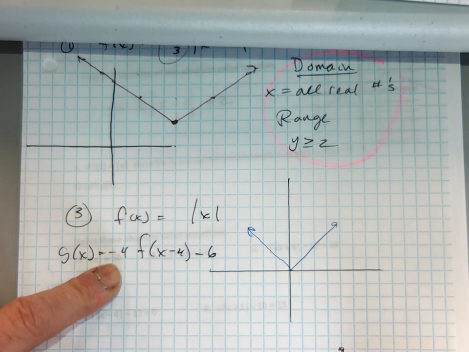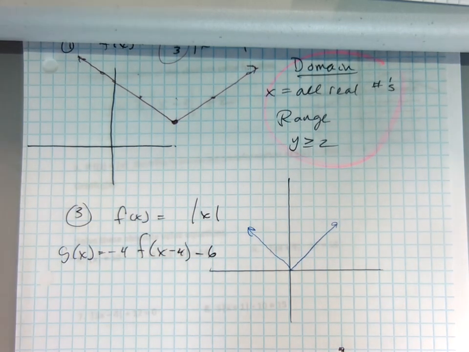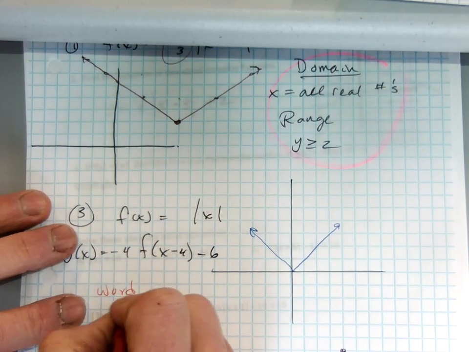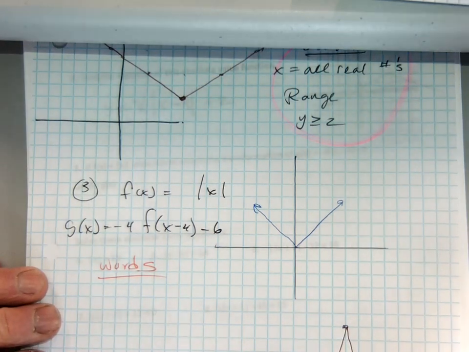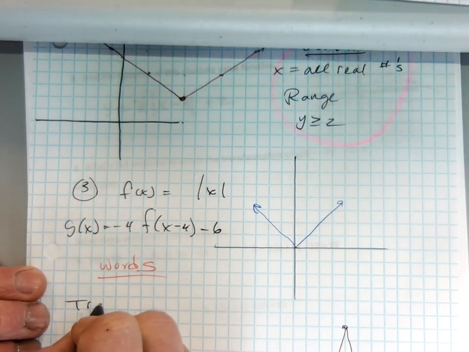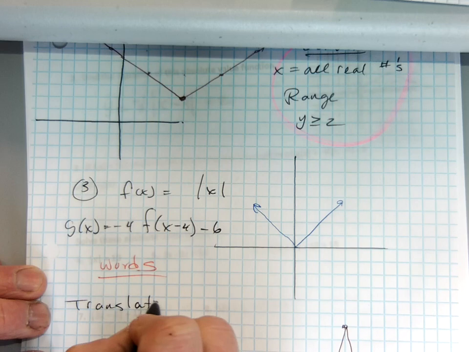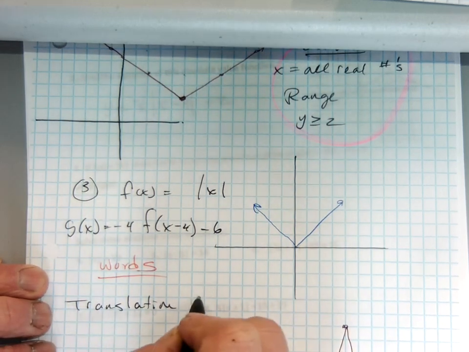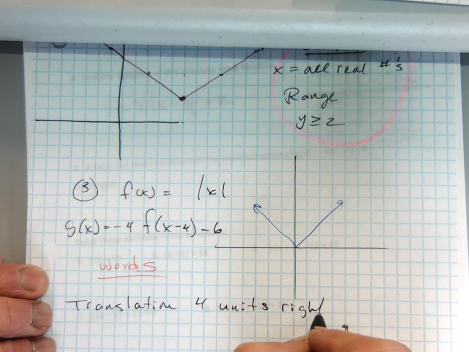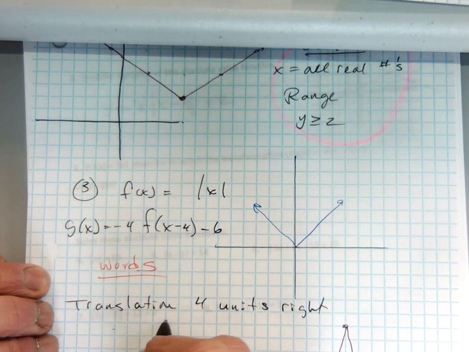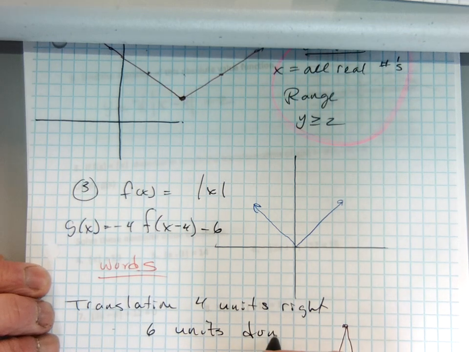Well, there's the graph. But I need to use words. I'm going to say that it was translated, using words. I have a translation 4 units right, and I translated 6 units down.